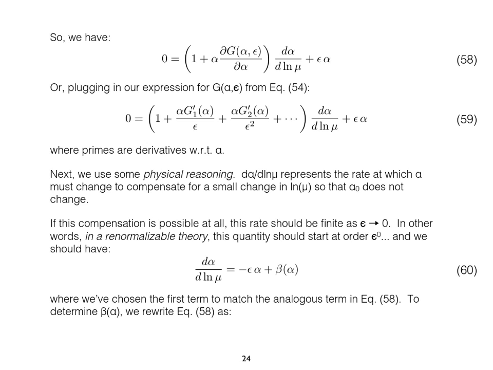And so that means that we should have... so it starts at order epsilon 0, and so what we're going to do is call that thing beta, and we know that it's going to depend on alpha.